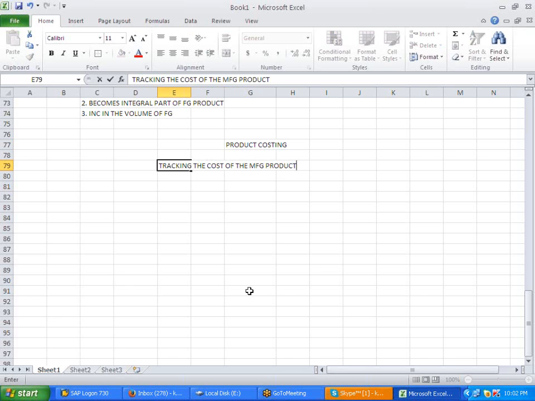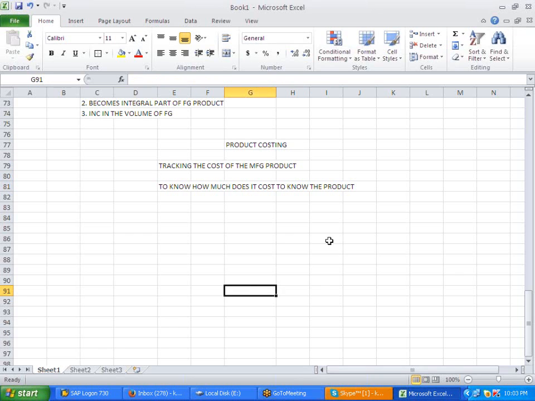Or you can say a company or an organization which wants to know how much it costs to make a product. How much does it cost to make the product?